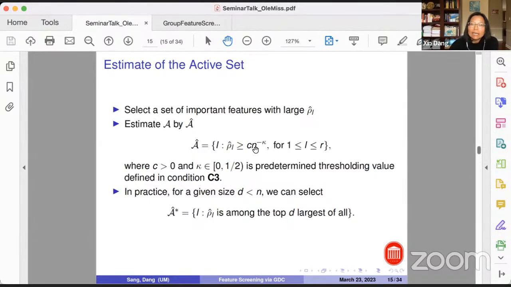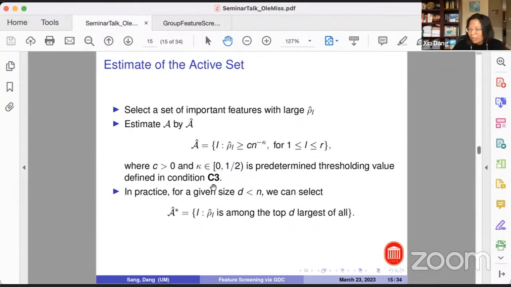As long as your n goes to infinity, this number goes to 0. So when your n is large, this can be larger than some number greater than 0. And this kappa will be the threshold defined in Condition 3.